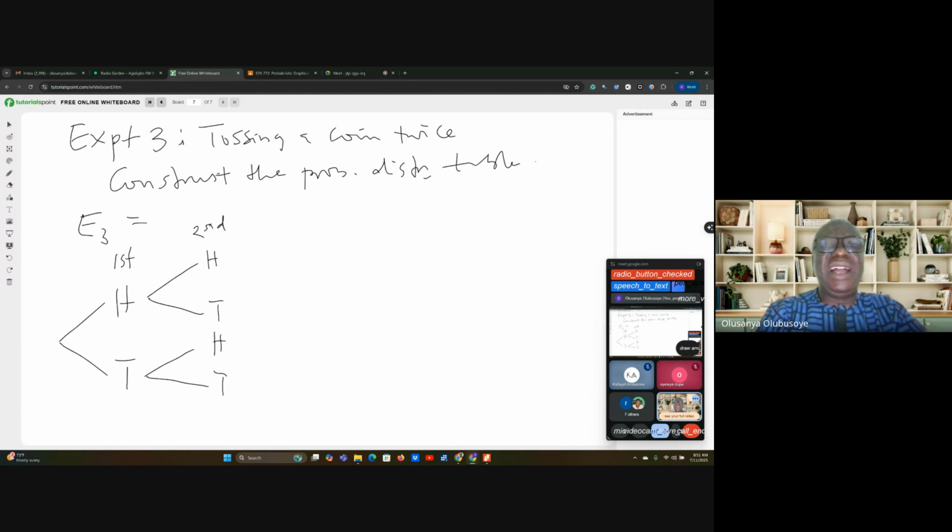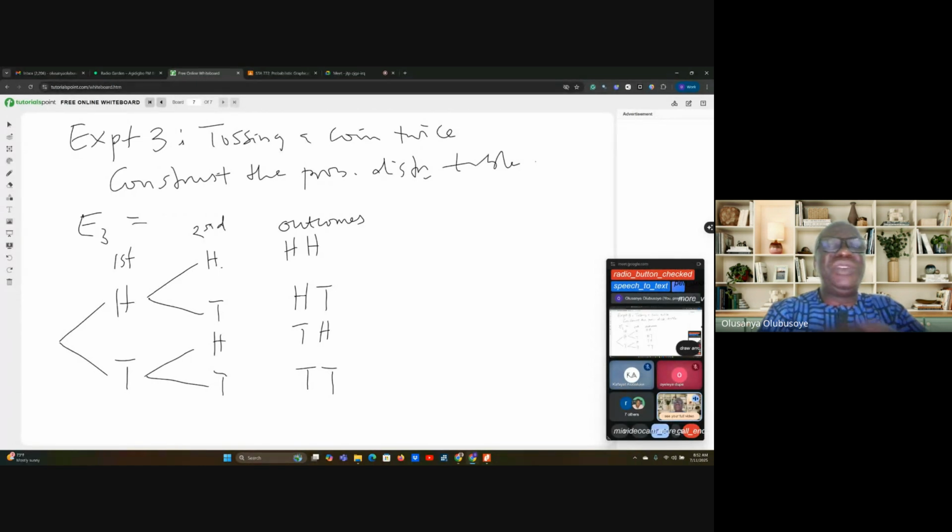possibilities. And then you can now have the outcomes, which could be head, head, which means you have head in the first, head in the second. You could also have head, tail, which means head in the first, tail in the second. And you have tail, head, and then tail, tail.